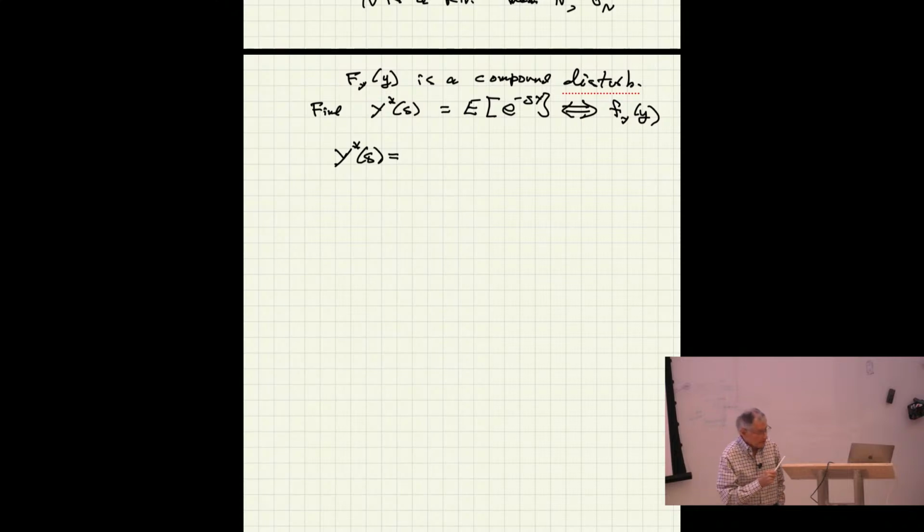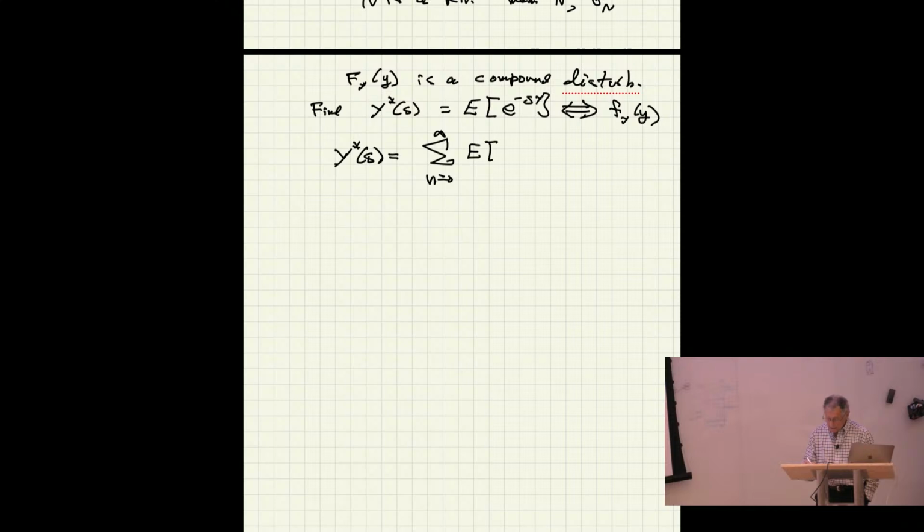Magic. We're going to use conditioning to make it easy. If I told you that the value of the random variable capital N was some number, then it gets easy. So let's do that. I'm going to sum over all possible values of that random variable n, say from 0 to infinity. This is the first time you've seen the use of conditional expectation to make things easy.